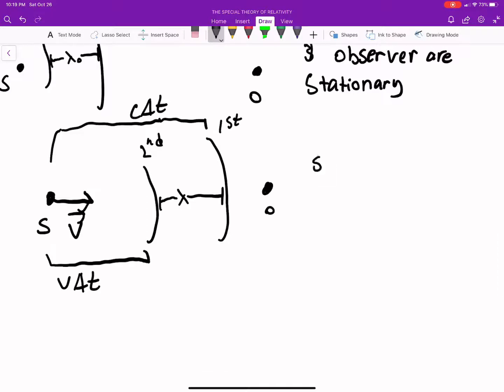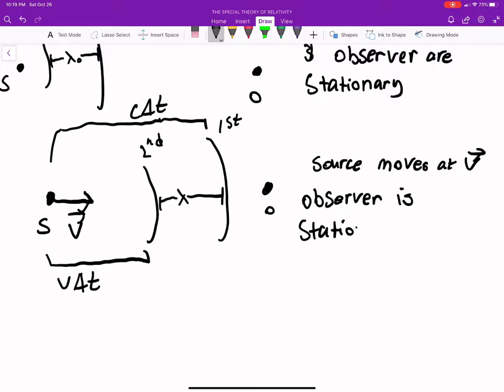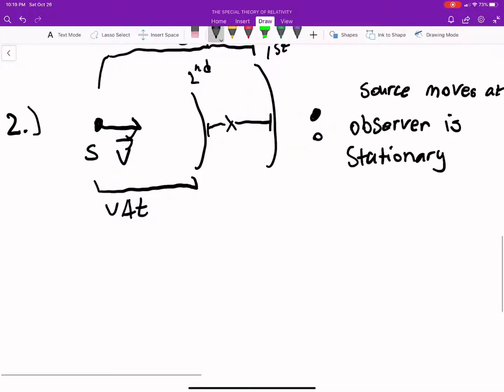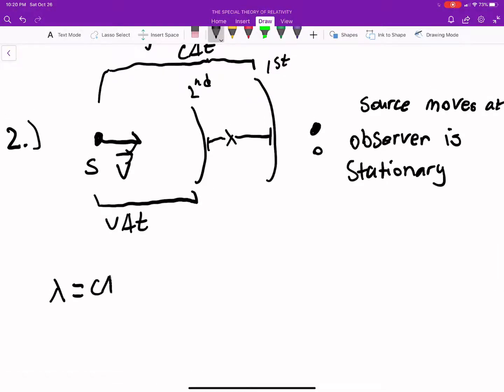Now we'll say the source moves at a speed v, and the observer is stationary. Well, if we look at B, to find the wavelength lambda, we could say that's our c times delta t minus our v times delta t.